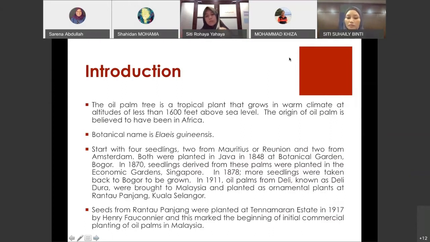Its origin is believed to be tropical Africa, occurring in wild and semi-wild growth along the western coast in a narrow belt from Senegal to Angola. The botanical name of the oil palm tree is Elaeis guineensis.